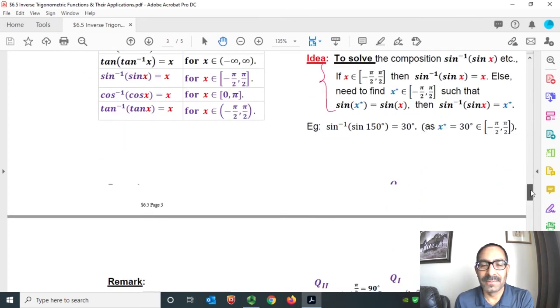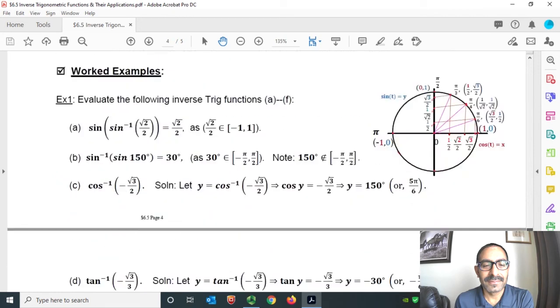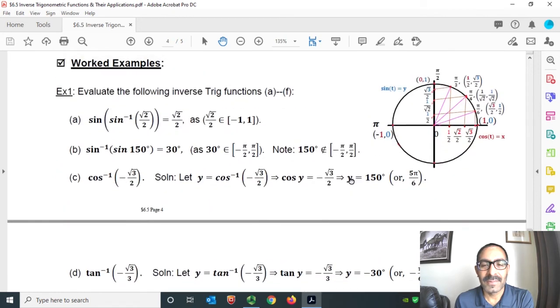Let me scroll down. That's better. Next, part B. Evaluate sine inverse of sine 150 degrees. Since 150 degrees does not lie in this interval, we need to find an angle which lies in the interval -pi/2 to pi/2 such that sine of that angle equals sine of 150 degrees.